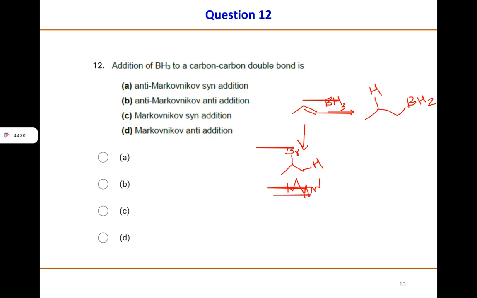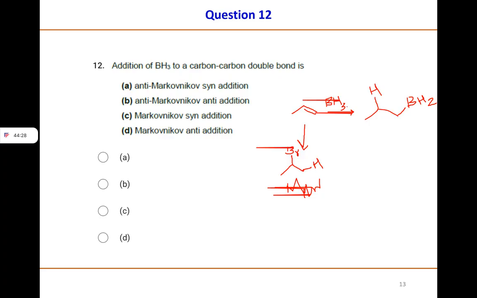Okay, but boron is less electronegative compared to the carbon atom. So always according to the Markovnikov rule, the less electronegative atom goes on the terminal carbon, and the more electronegative atom gets added on the internal carbon.